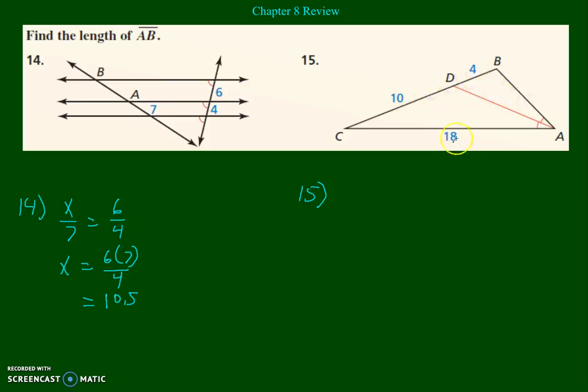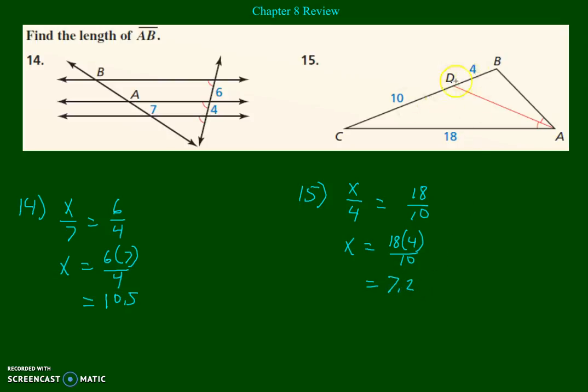And we could set up a bunch of different proportions any way we'd like, but that's the basic one. So I'm going to say BA, because that's what I'm looking for, x is to 4 as 18 is to 10. X is equal to 18 times 4 divided by 10, which is 7.2.